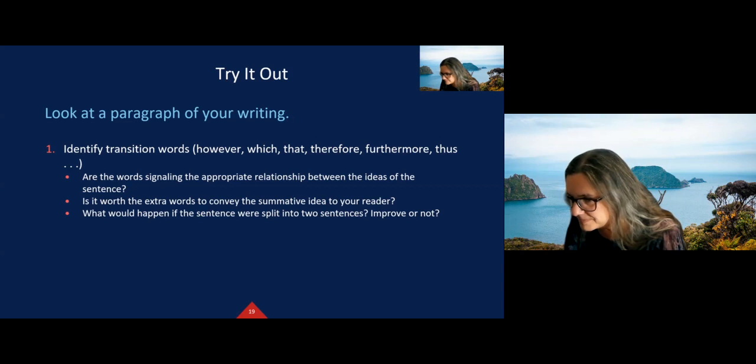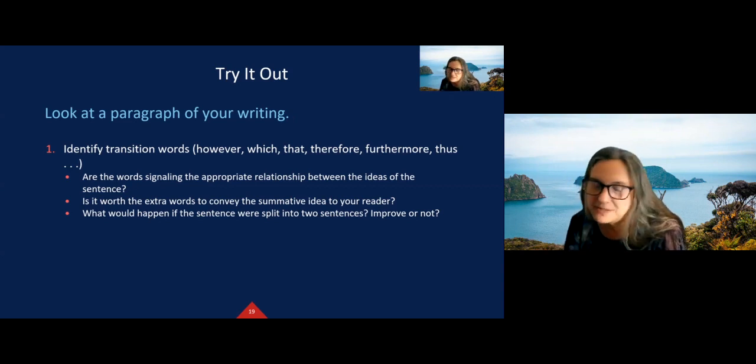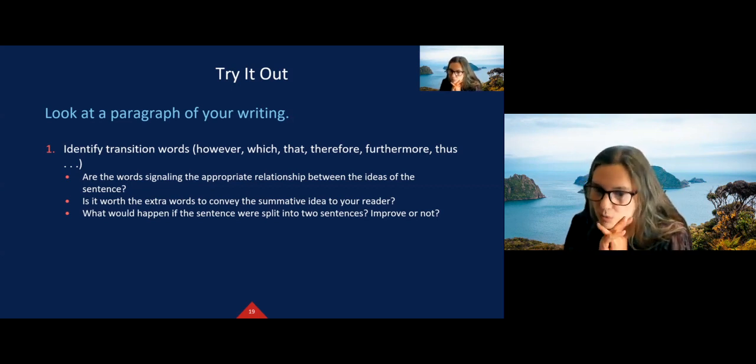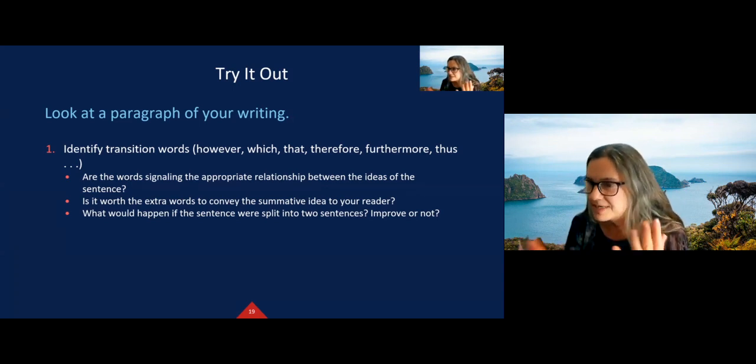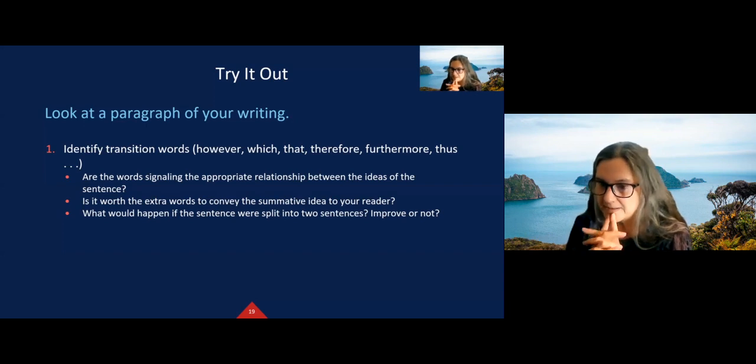Okay, a thumbs up. So there's three anyway. Did they signal the appropriate relationships between ideas, or are you not sure? And did you get an idea for a different word you might want to use?